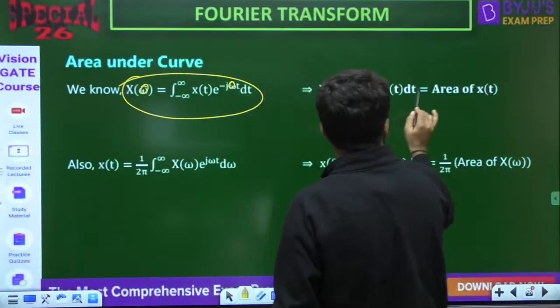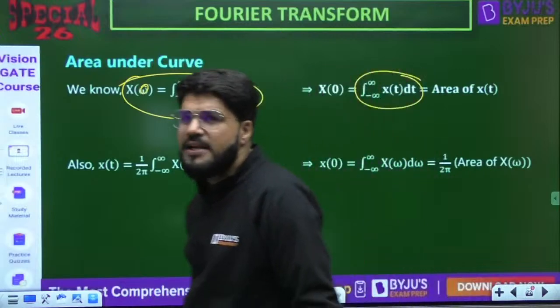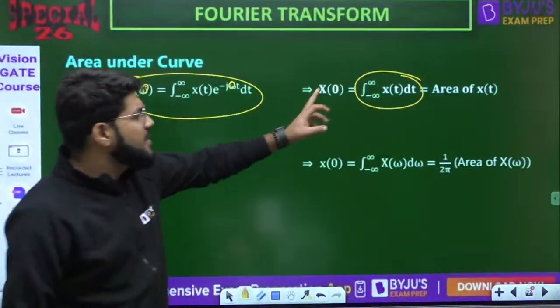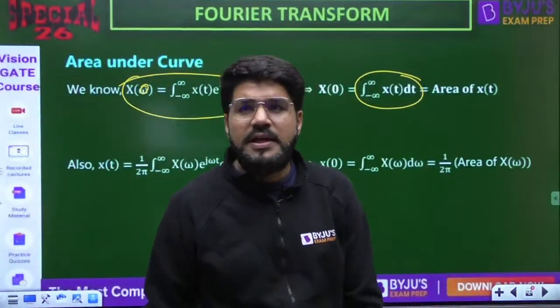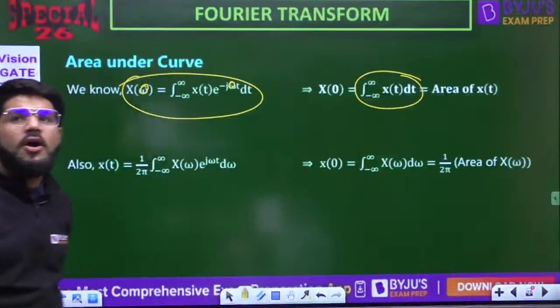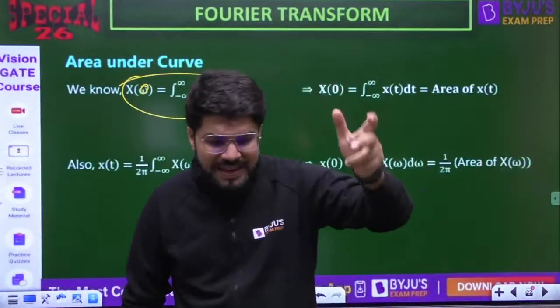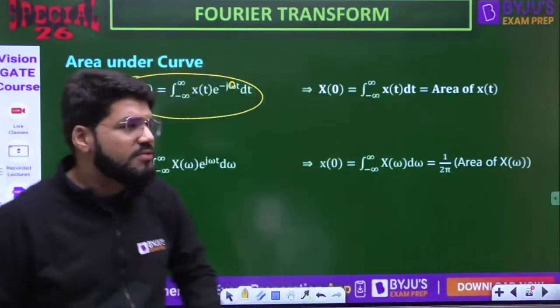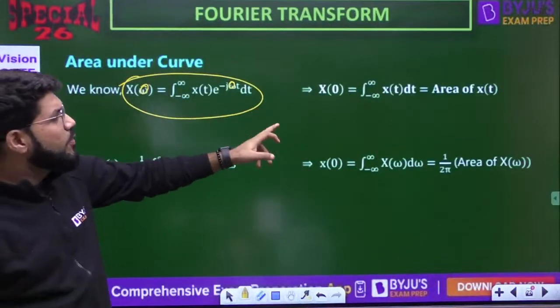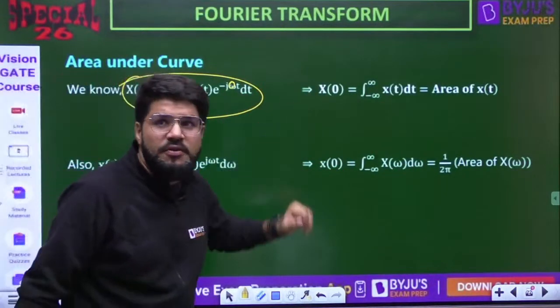E power 0 is 1, so you get the integral of x(t) dt. The integral of x(t) dt is known as the area of x(t). So if you want to find the area of any signal which is mathematically complicated, its Fourier transform can be used. The area is equal to the value of the Fourier transform at zero frequency, the DC term.